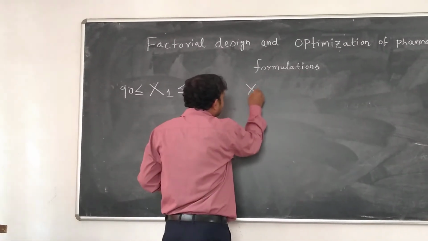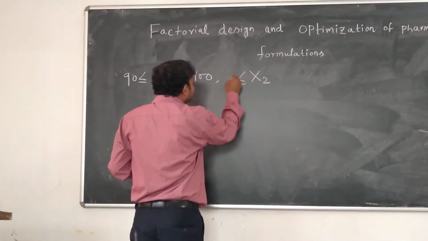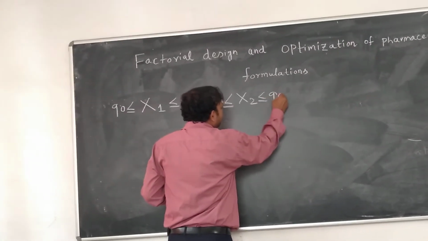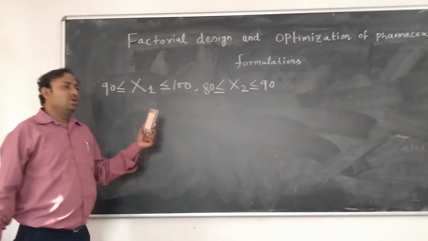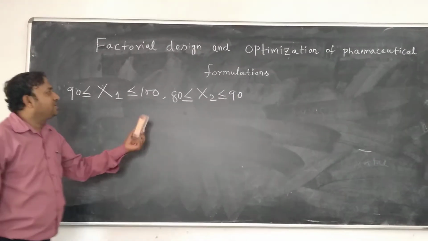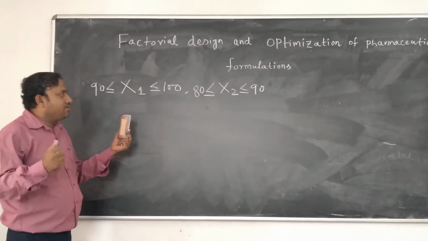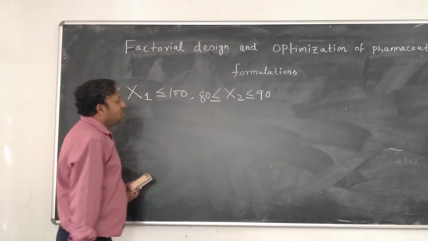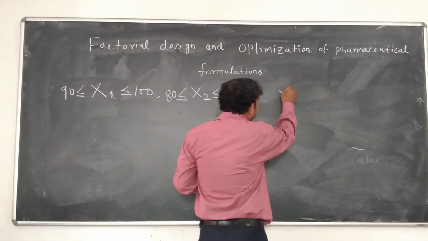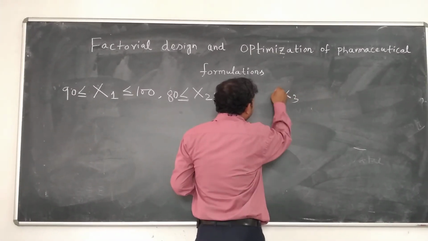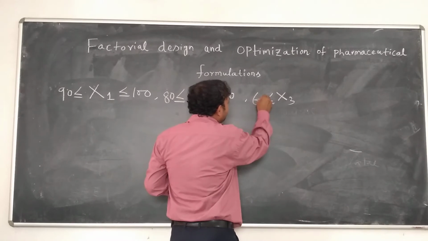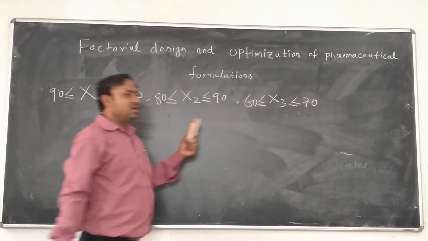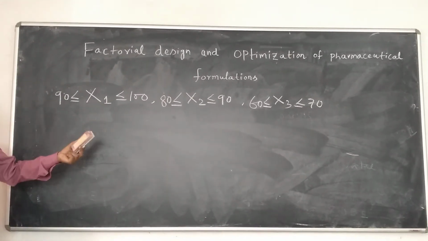Another factor, x2, has a restricted zone of 80 mg to 90 mg. For the third factor, the software gives the zone 60 to 70. This is all imaginary, just an example.